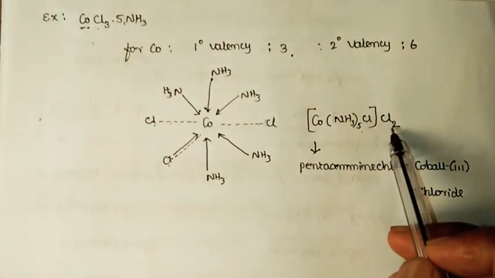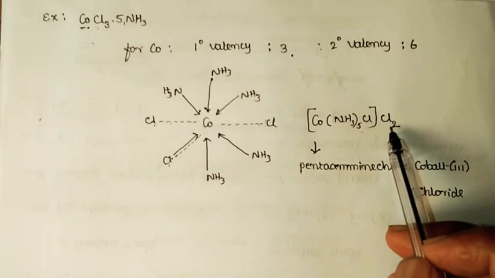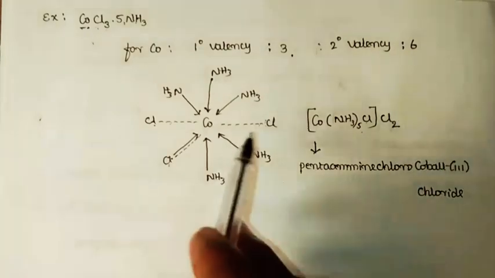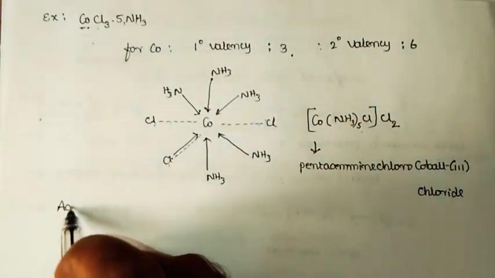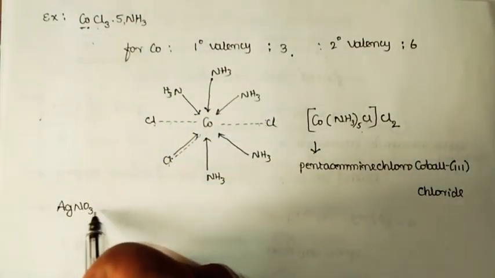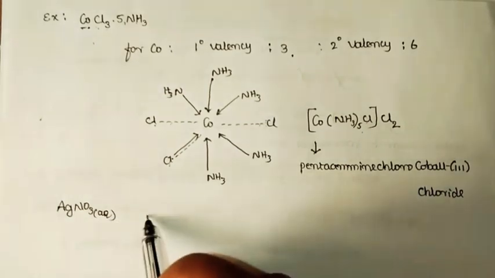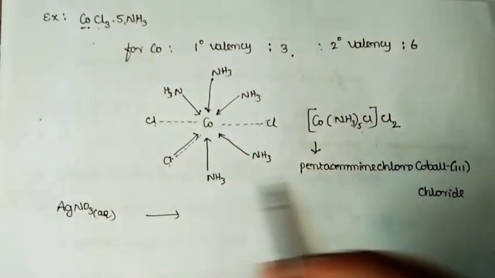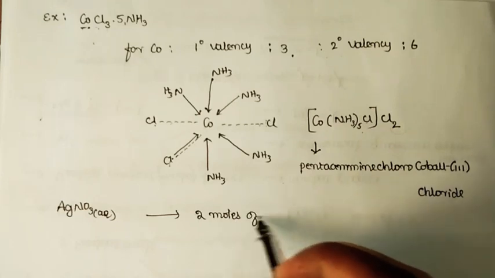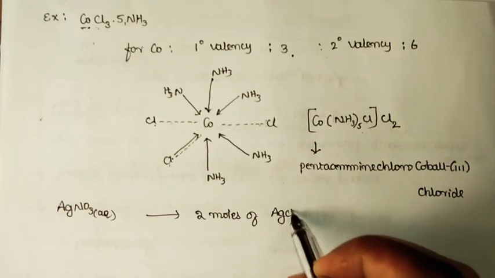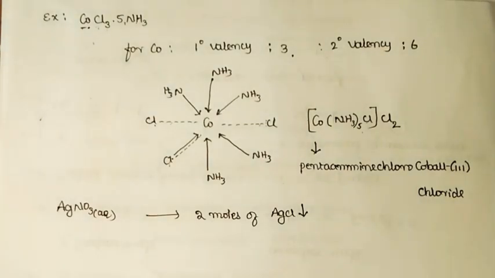Here we have two Cl ions outside. So when this compound is treated with excess aqueous AgNO3 solution, it will give 2 moles of AgCl as a white precipitate.